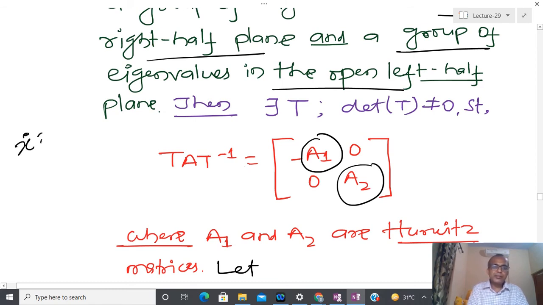Suppose you have x dot equal to Ax. Then you can develop a transformation, suppose x equal to Tz.